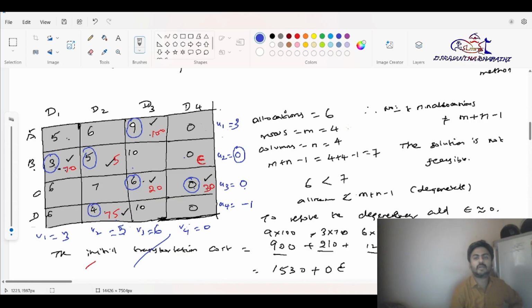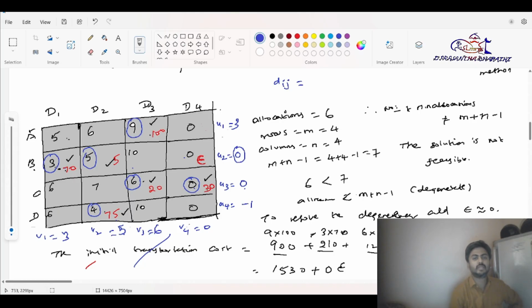The dij values means we are having some column and row values. Let me tell you what the Cij values are. You have these values: 5, 6, 9, 0, 10, 6, 7, then 6, 10 and 0.